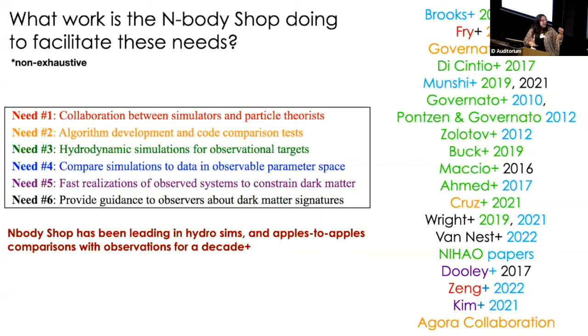And so you can see that the N-Body Shop has definitely been leading in terms of these fully hydrodynamic simulations, pushing resolution, but in particular, we are really strong in these apples to apples comparisons with observations. So translating into observer space and looking for observables. And we've been doing this for a decade plus.